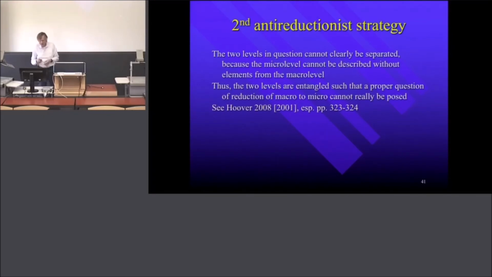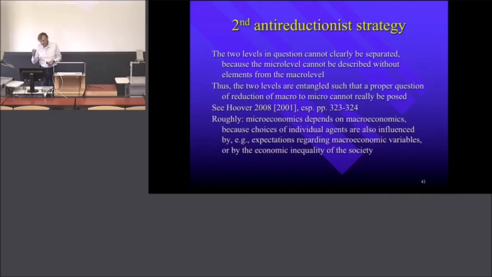So Hoover uses that in a paper from 2008, on some pages. And here roughly the argument is the following: he says that microeconomics depends on macroeconomics. It's not independent of it. So in order to set up microeconomics, you already have to use macroeconomics. And therefore it doesn't make sense later to reduce macroeconomics to microeconomics. Why? Because choices of individual agents, which are the stuff that's most relevant on the micro level, are also influenced, for instance, by expectations regarding macroeconomic variables or by the economic inequality of the society.